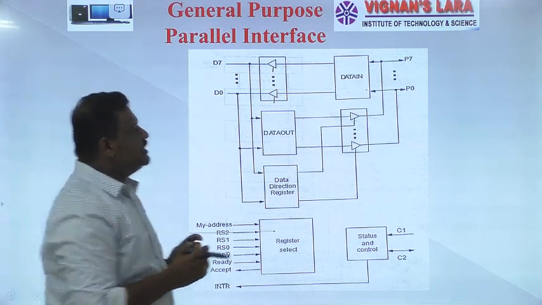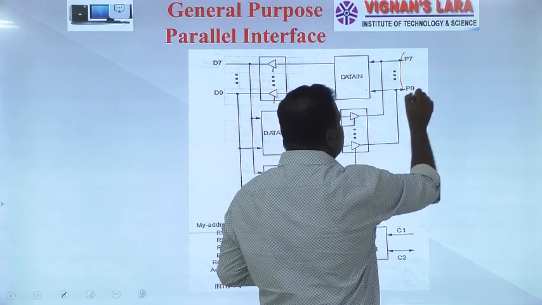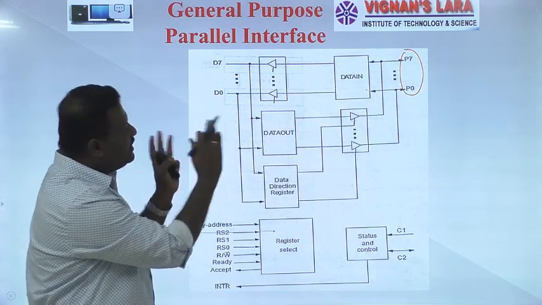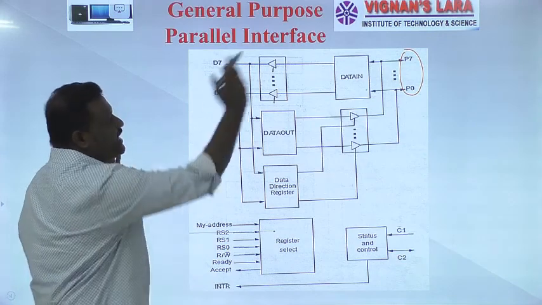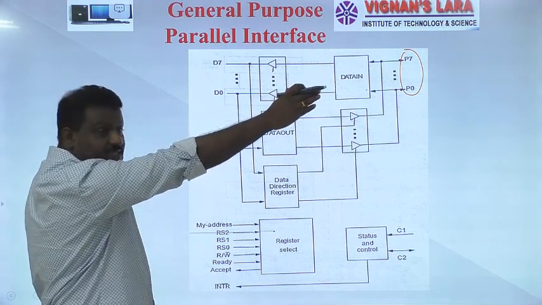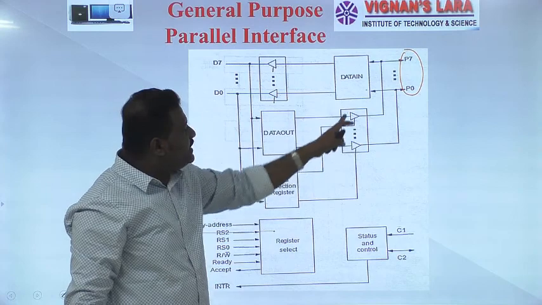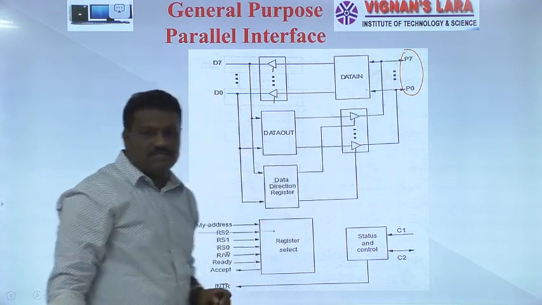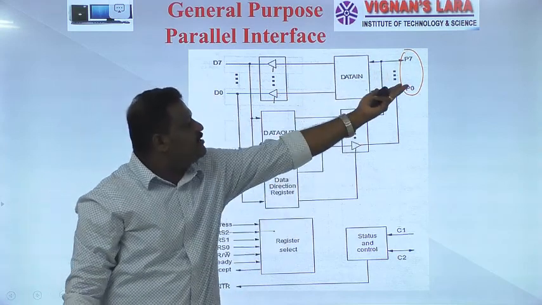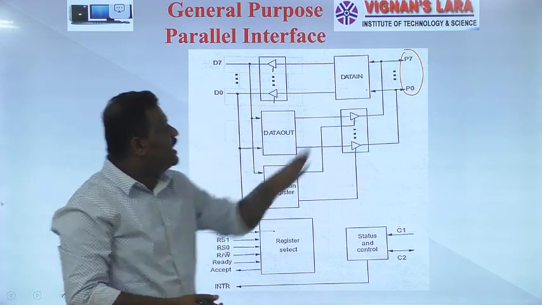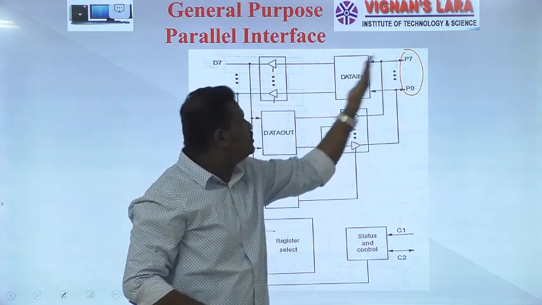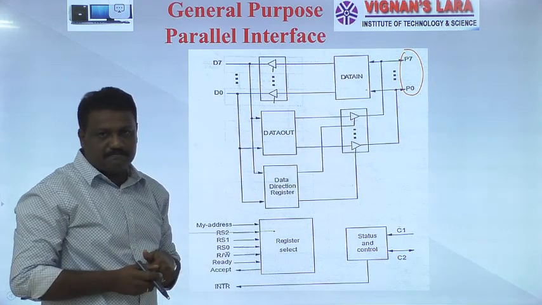See here friends, with the help of PA0 to PA7, which are bidirectional lines, my processor can transfer data to an external device. With the help of these lines, I transfer the data, as well as I can receive the data from an input device, again with the help of the same lines through this particular path.